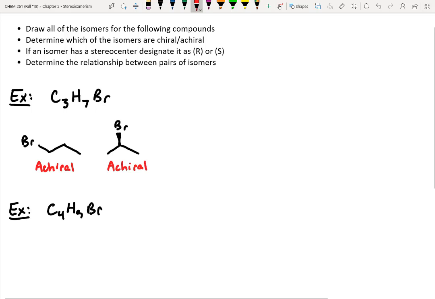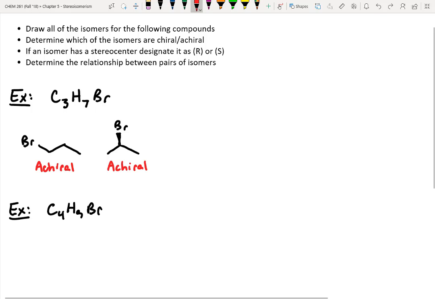All right, and then it says if there is a stereocenter, designate it as R or S. Oftentimes students will say, there's a wedge coming off there. Is that a stereocenter? No, there's two methyl groups. So you can include dashes and wedges if you want, but it doesn't automatically imply that there's a stereocenter. So no stereocenter in each of these.